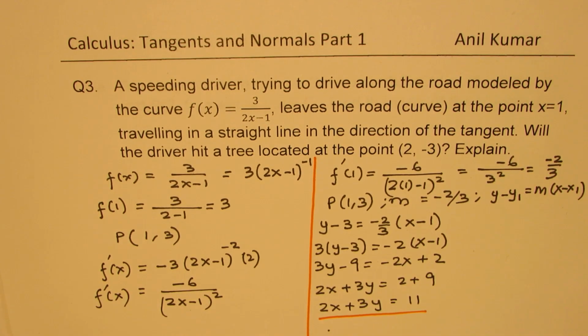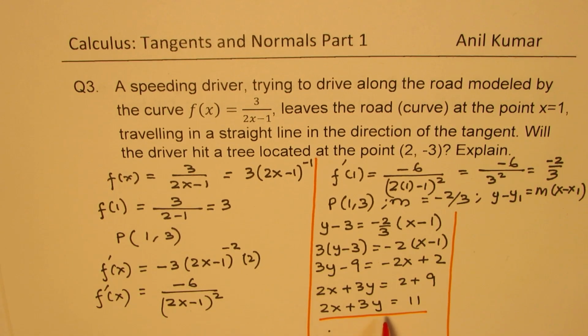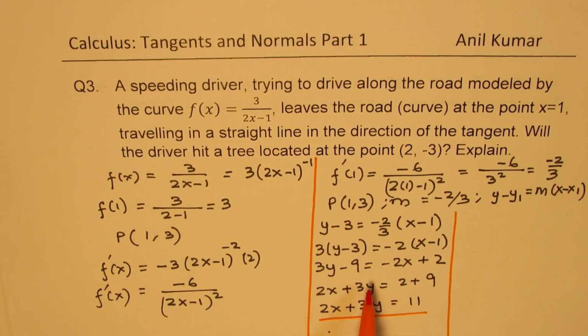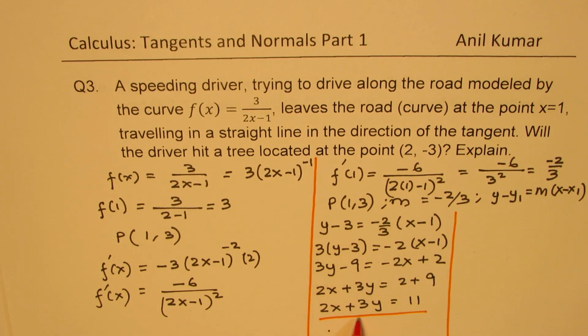Now, if the point lies on it, so now let us check. So that is the equation of the tangent line. Now let us check if this point lies on this line or not, right?